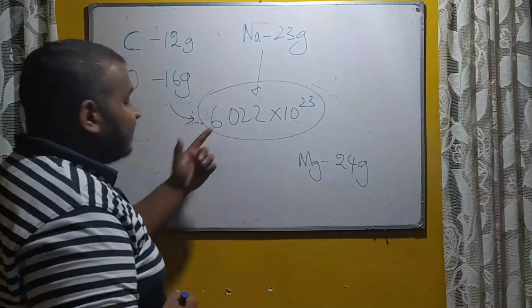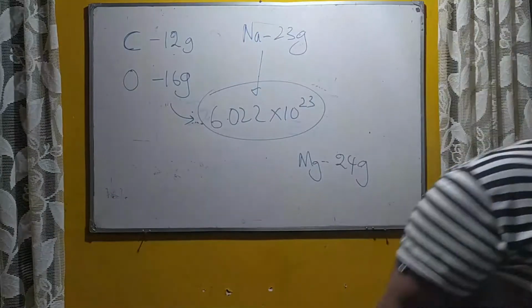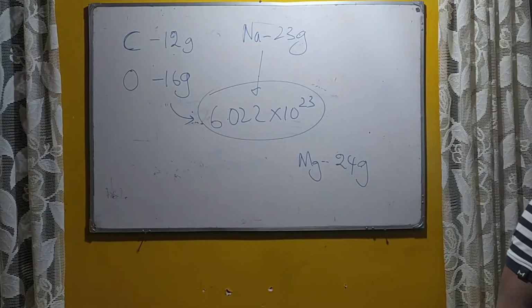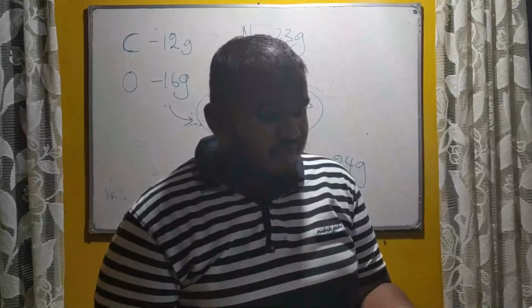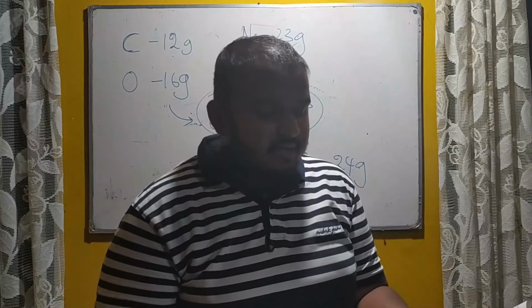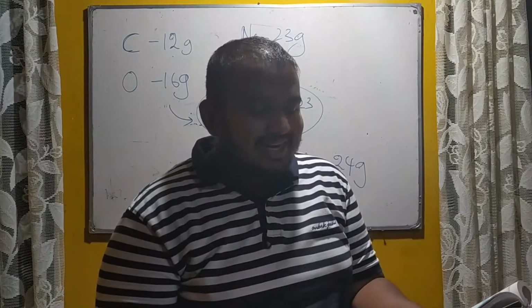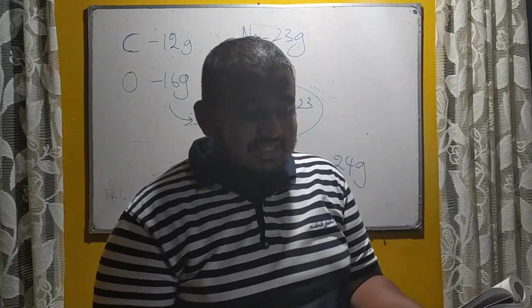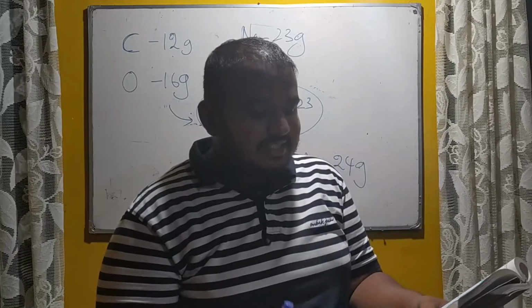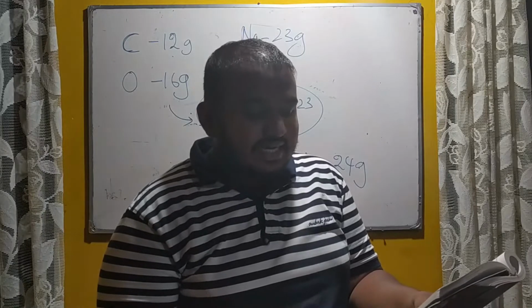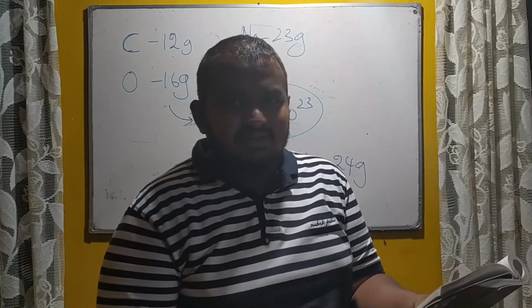So, Avogadro constant can be defined as below. When a mass of any element equal to its relative atomic mass is taken in grams, it is seen that it contains the same number of atoms irrespective of the element.